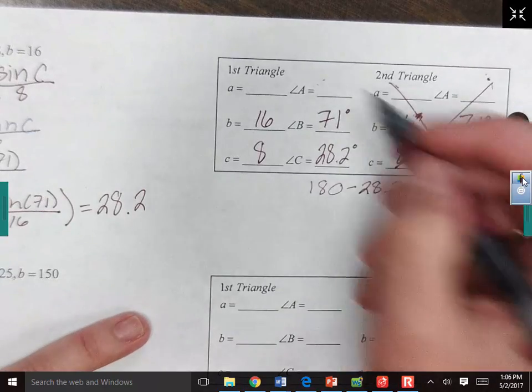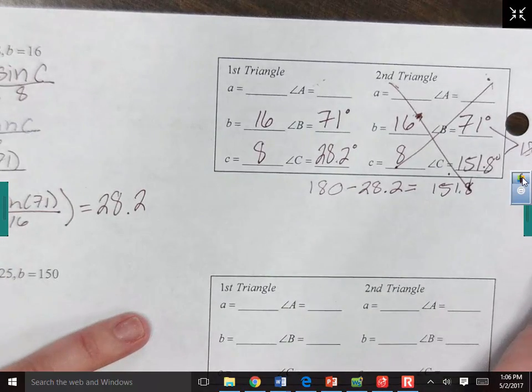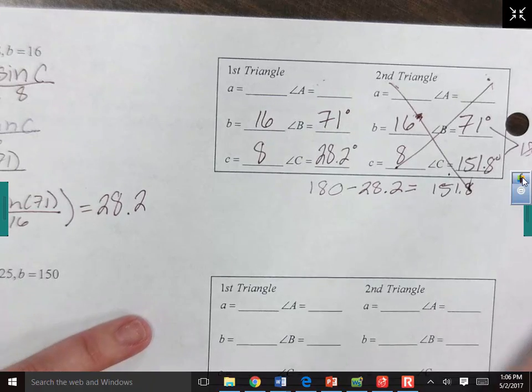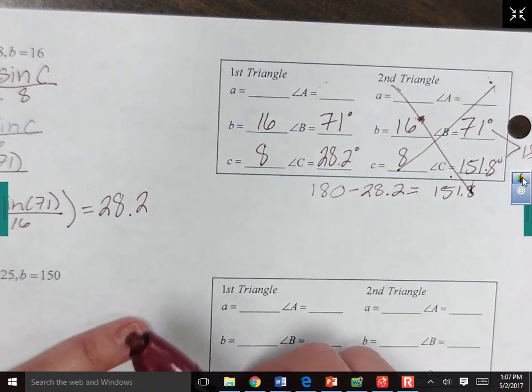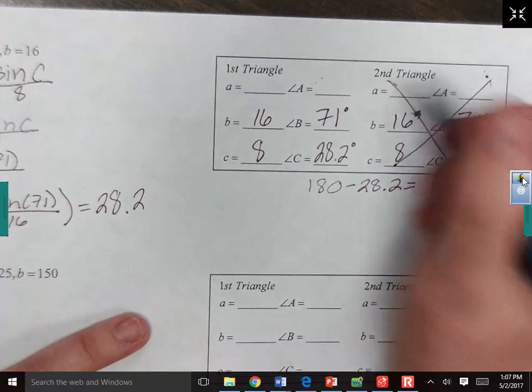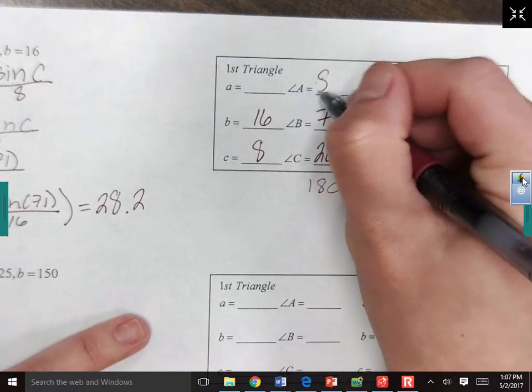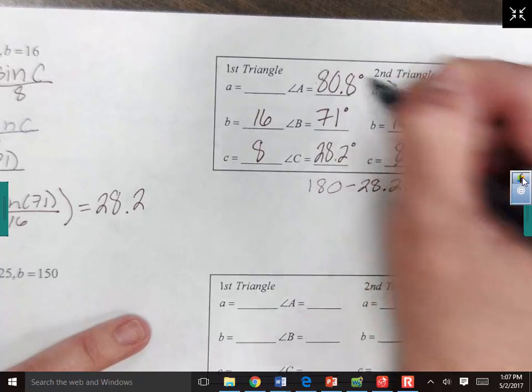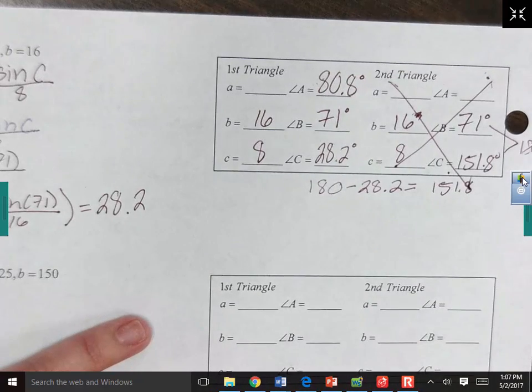And then subtract that, and what do we get? 80.8. Okay, and then you would use law of sines again to find A, right?